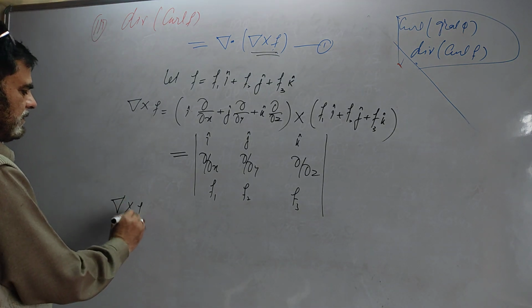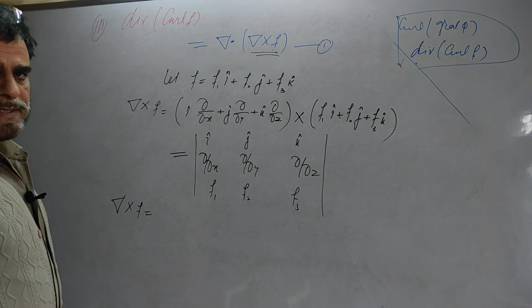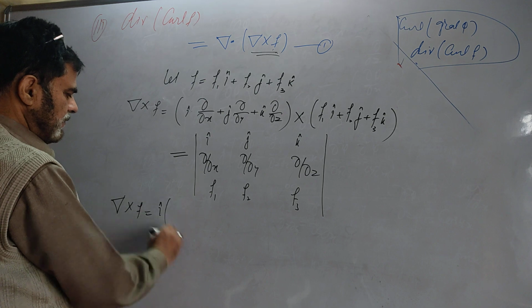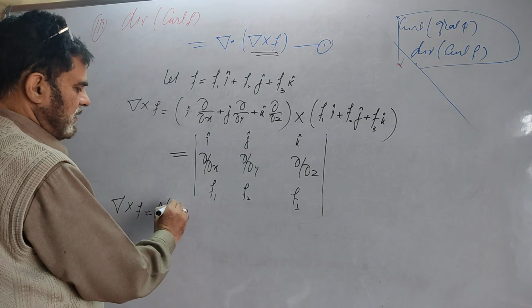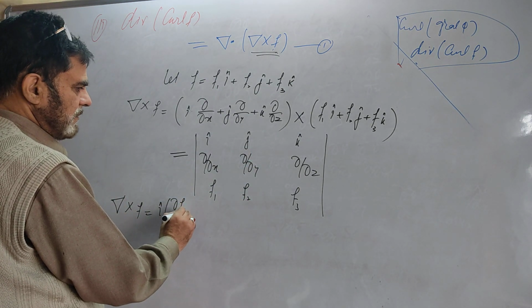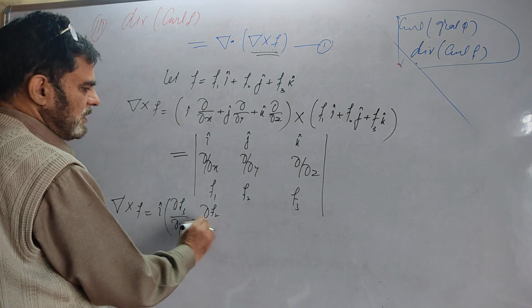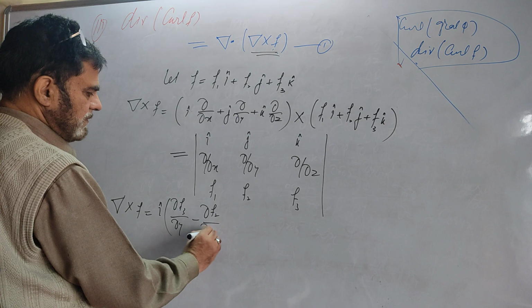Therefore I write del operator cross f. It is I times, multiply this, dou f3 by dou y minus dou f2 by dou z.